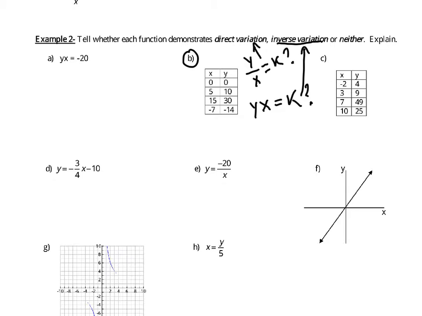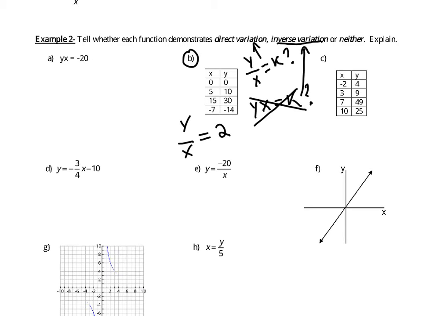As you inspect the values in the table, I hope you recognize that by multiplying the x and y values, you don't get the same number every time. However, when I divide y by x every single time, with the exception of (0, 0), I end up producing the value 2.